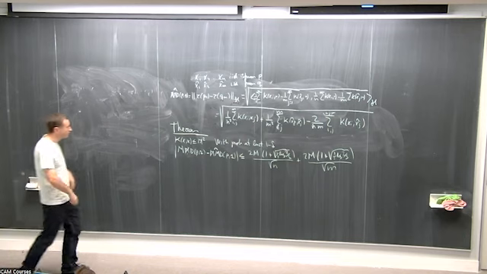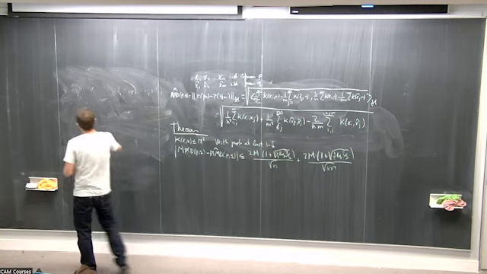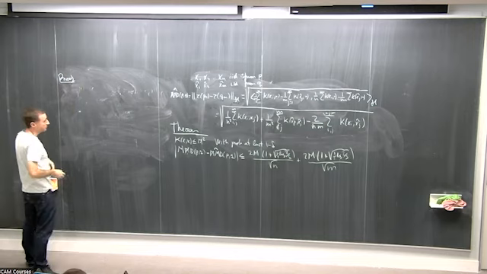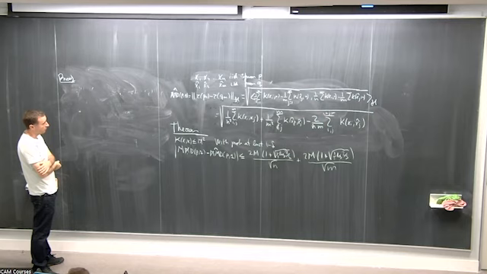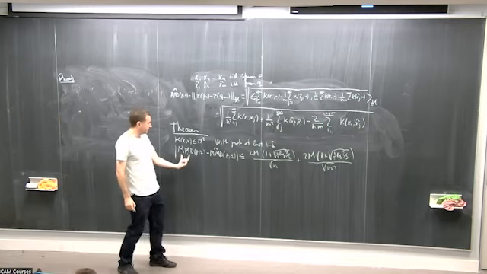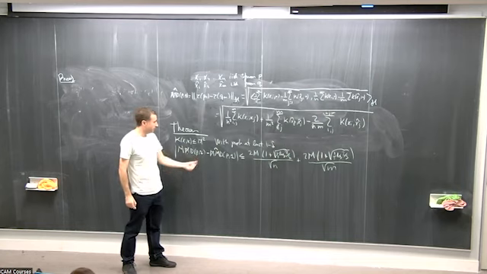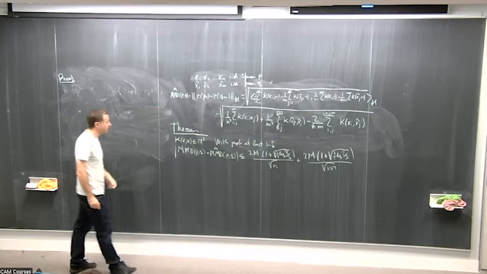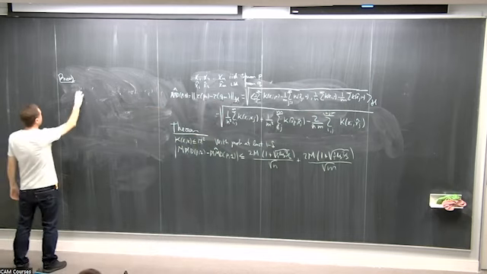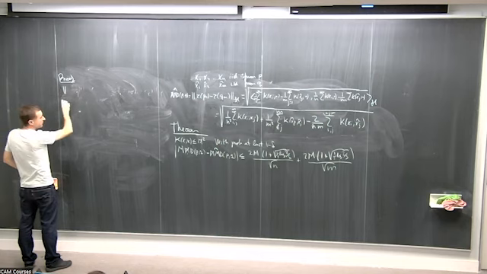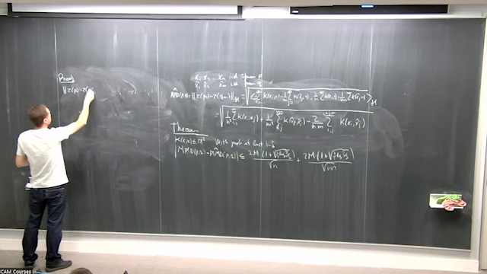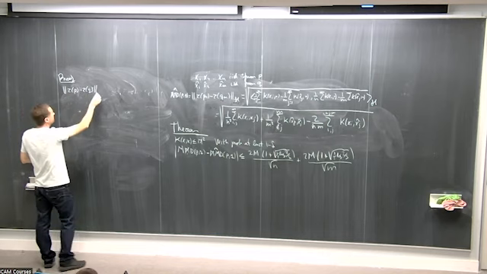Okay, so how to do this? Again, it's just going to be simple consequences of the things that we did before. Of course, this is going to be the norm between the embedding of P and the embedding of Q, and this is going to be the norm between these two things. So we can just use the triangular inequality. So the MMD between P and Q, right?